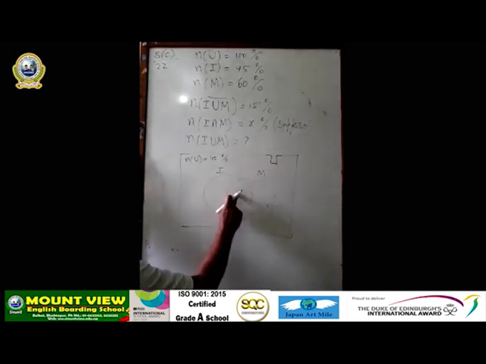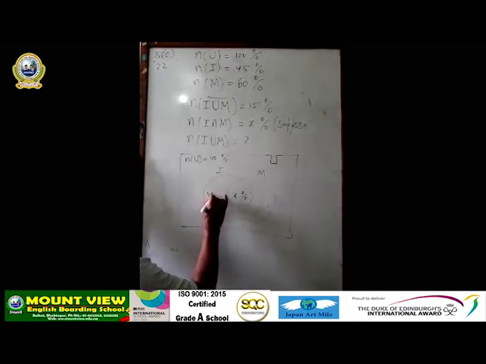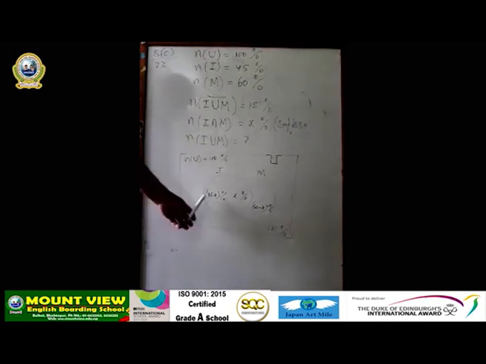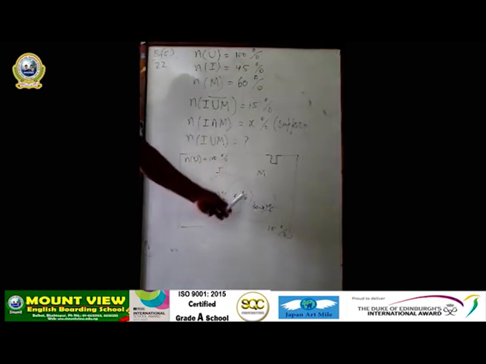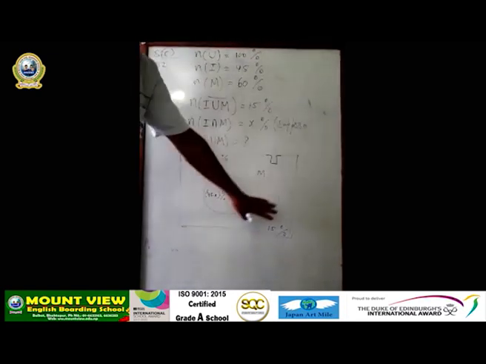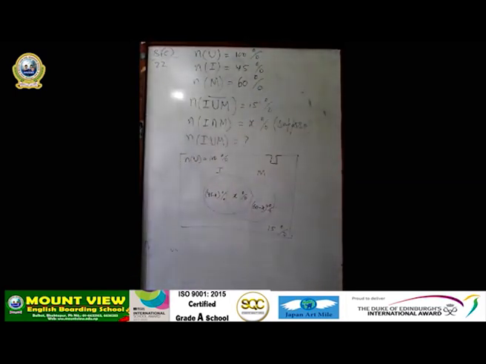Let us suppose, let I be the set of people who are using internet, M for mobile data, and U for the set of total people in the survey. Before writing these symbols, you have to suppose the symbols you are using. Now, 15% are not using any. That means (I union M) complement is 15%.